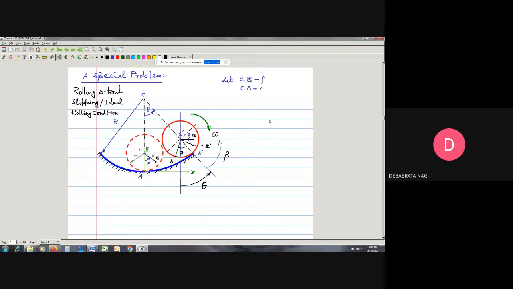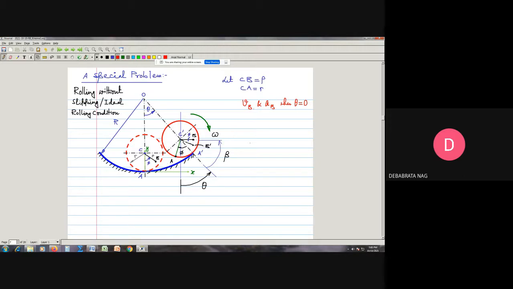That means our objective here will be to calculate the velocity of point B and the acceleration of point B. This is what we are going to calculate at this position, that is, when theta is equal to 0. Theta is the amount of angular displacement that this rigid body can have while it rolls up on this curved surface.